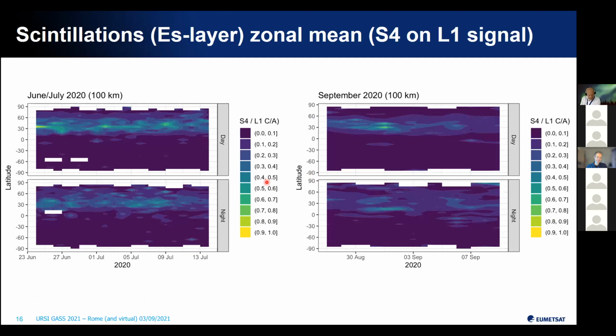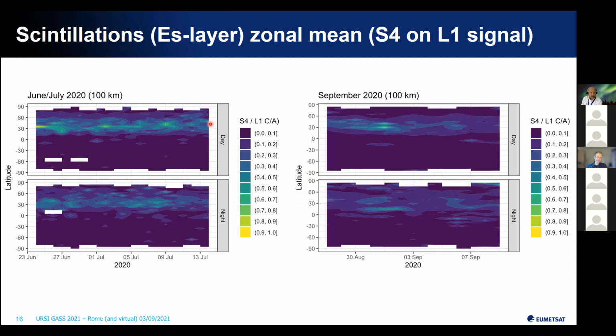Anyway, I would like to show you these nice results we obtained by our analysis. Here we reported the time series of the zonal mean of the S4 on L1, recorded by GRAS between 90 and 110 kilometers. You can see here that the scintillations in this layer are mostly varying during the time. So here is one month more or less.